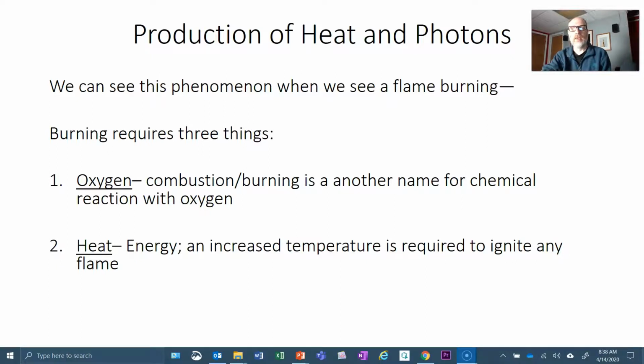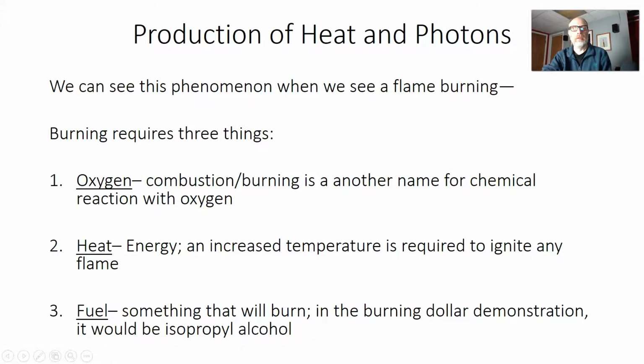And lastly, we need some fuel. Okay, something that will burn. We're going to talk a lot about the burning dollar demonstration, and the burning dollar demonstration requires isopropyl alcohol to make that go. That's the fuel.